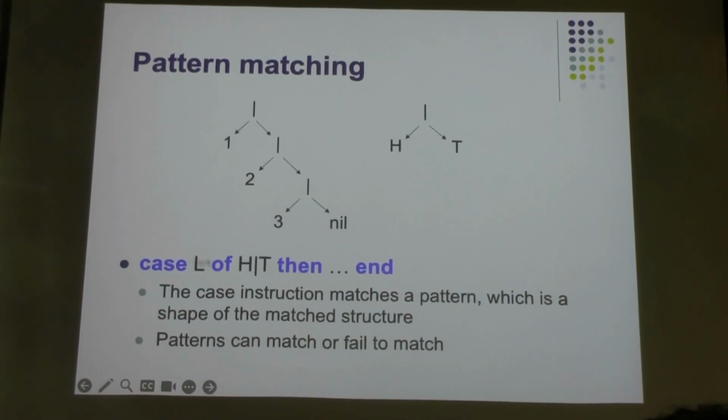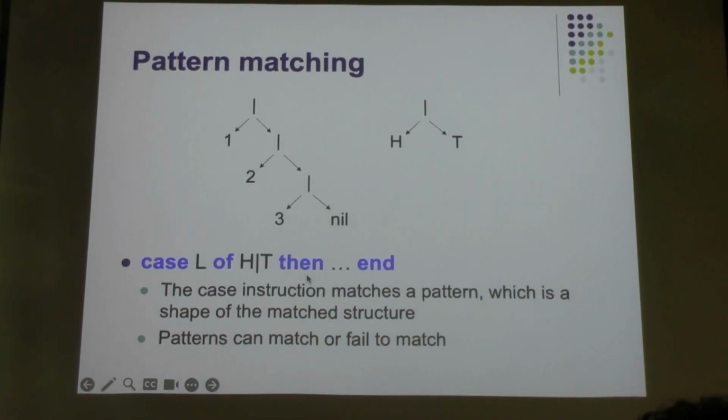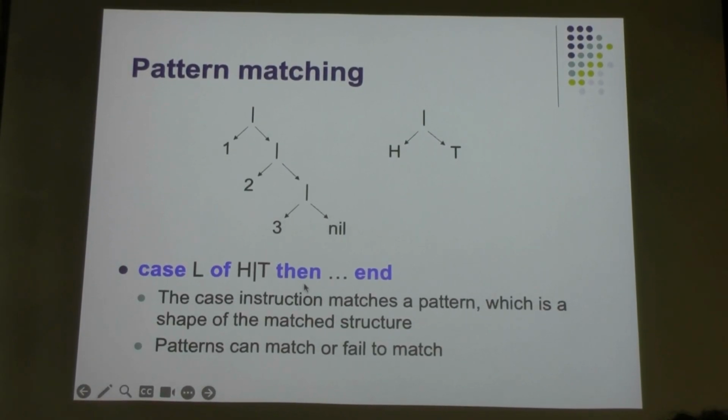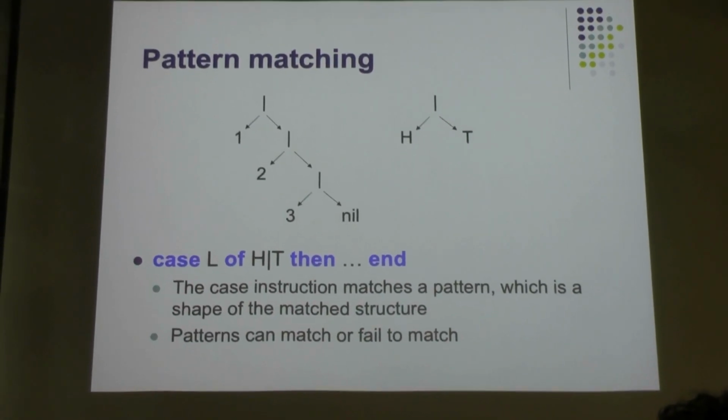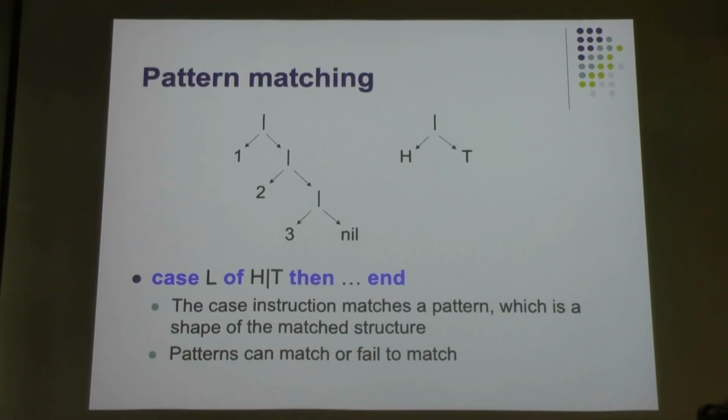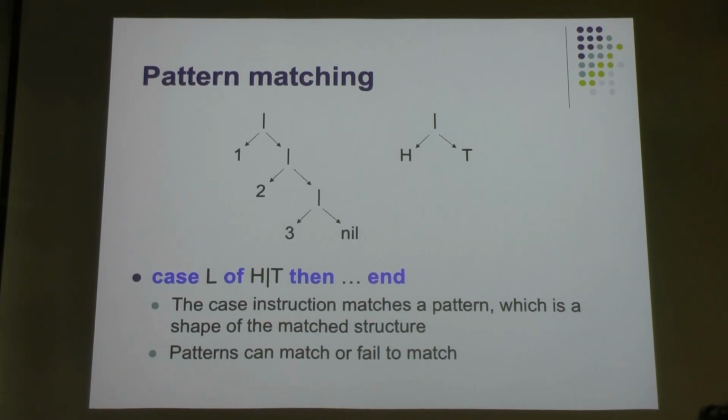And there's a special instruction called case that lets you do that. So languages that do symbolic programming, like Haskell or Erlang, will let you do pattern matching. Okay? Will let you take apart these structures. So if I do case L of H bar T, then H bar T is a pattern, which is a kind of picture, a template, and I match it to an actual data structure.